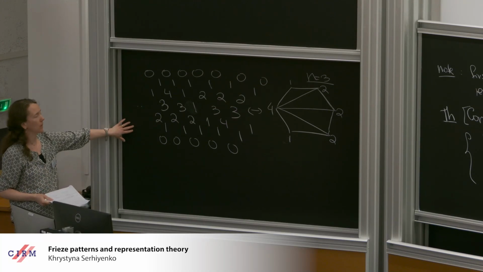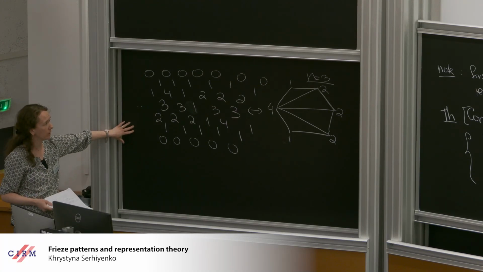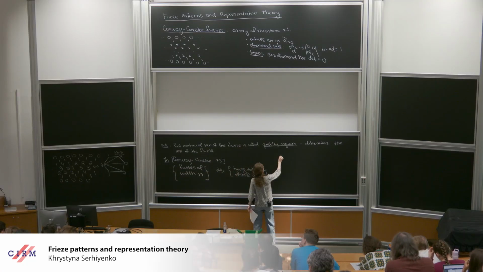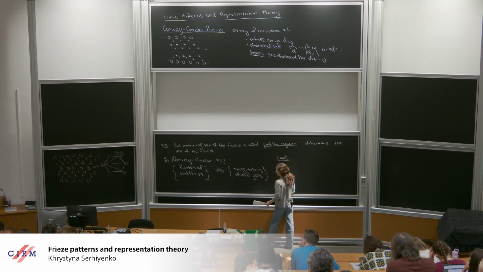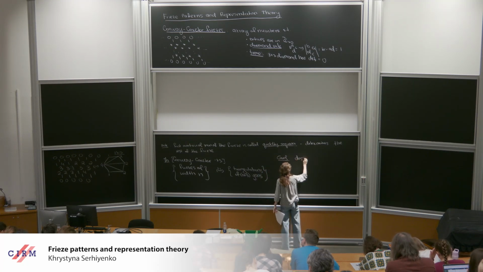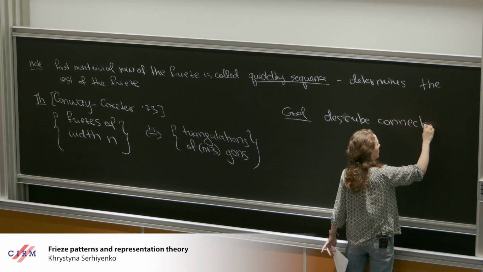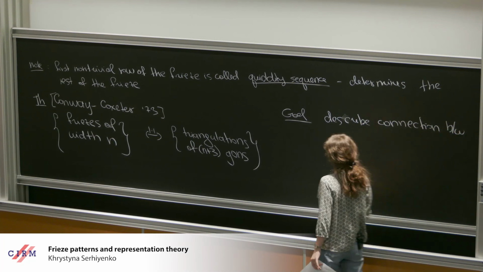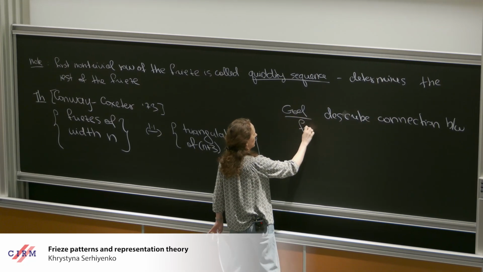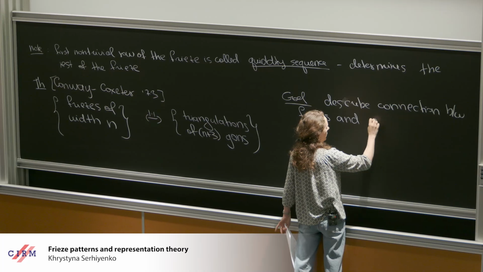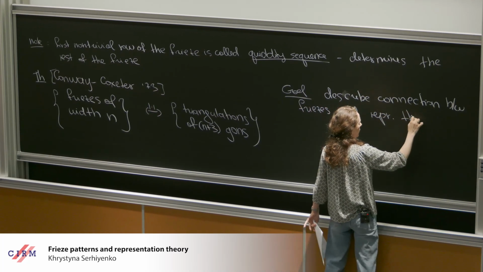So this is the story we have from the 70s of Conway and Coxeter. And so our goal for today, or for these lectures, is to describe the connection to representation theory between these frieze patterns, these friezes, and quiver representations.